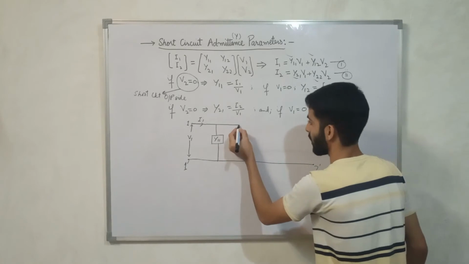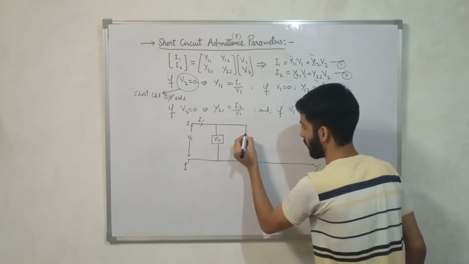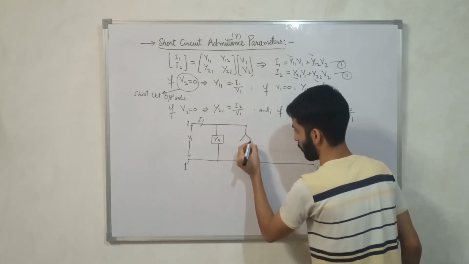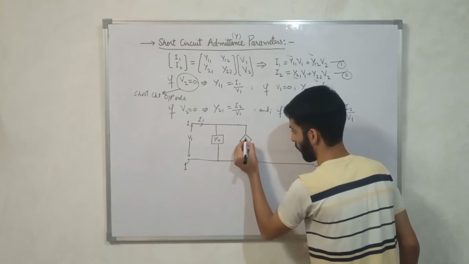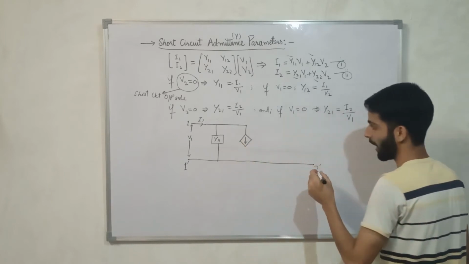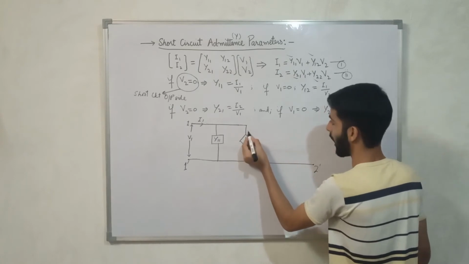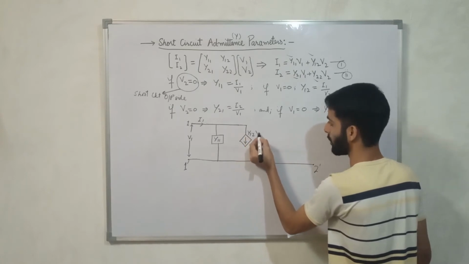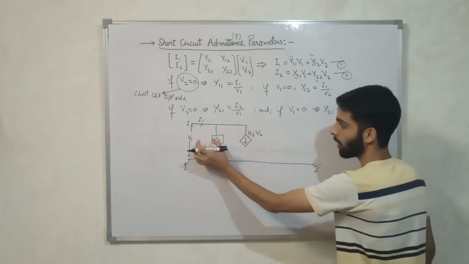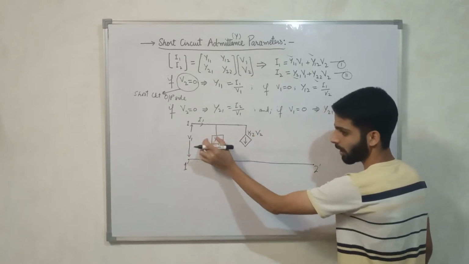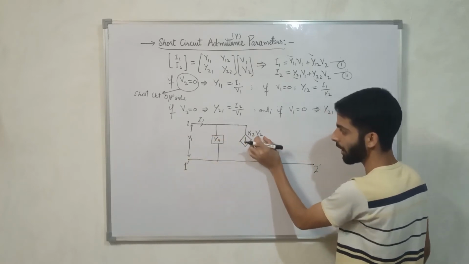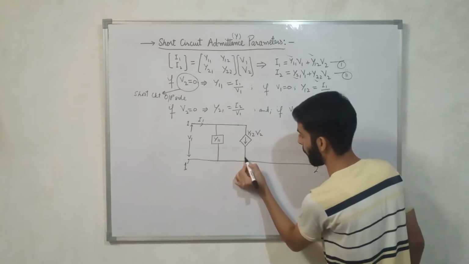So it will be a current source with the name y12 V2, because there is no V2 here on the input side. Here is V1. So we would have to keep V2 with it.